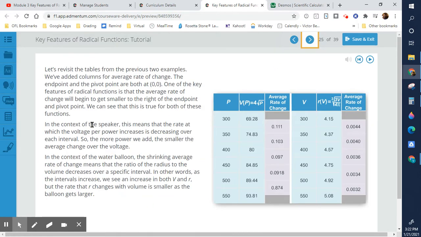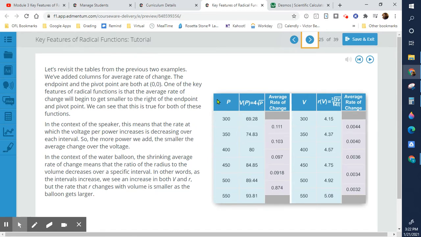All right, and again, they're still calculating that rate. So this is still talking about different rates of change. In this one, they were talking about P. What's our P? Because I know we're talking about the volume. In this case, we're talking about speakers, the volume and the watts. Oh, voltage. There we go. Voltage and power.